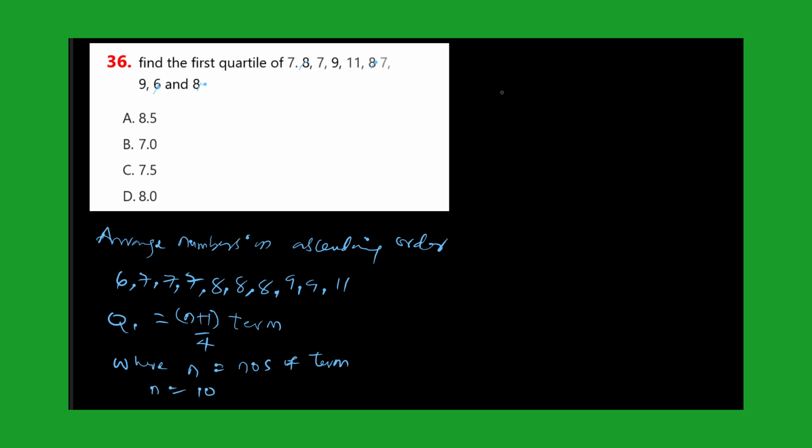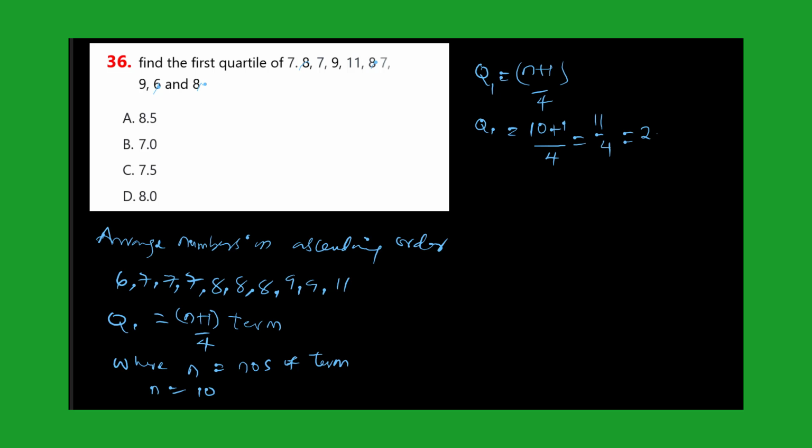Therefore, the first quarter, which is n plus 1 divided by 4, will be 10 plus 1 divided by 4, and that will be 11 divided by 4.